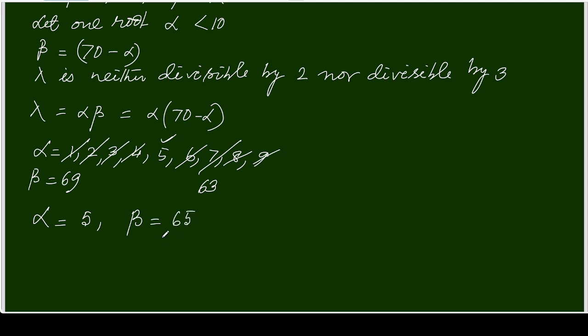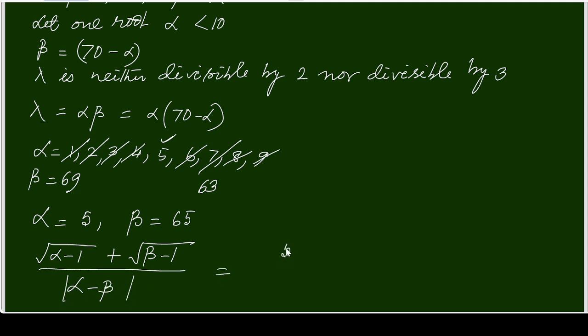Now let us come to the part where we will find the answer, that is, evaluate square root of alpha minus 1 plus square root of beta minus 1 whole over modulus alpha minus beta. So it will be square root of 5 minus 1 plus square root of 65 minus 1 over 5 minus 65.